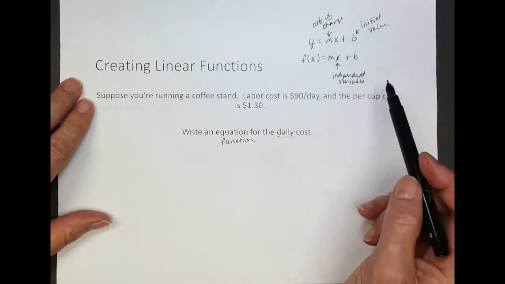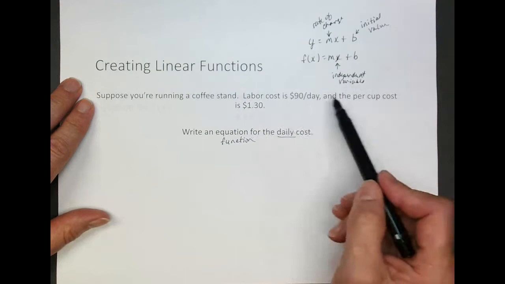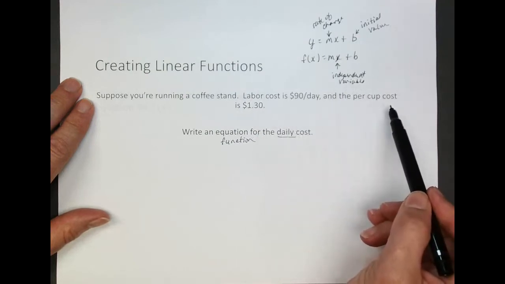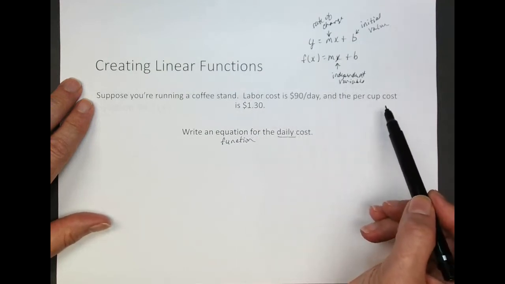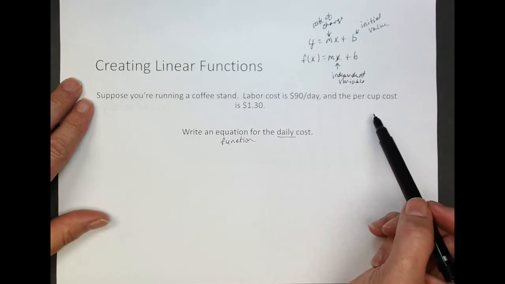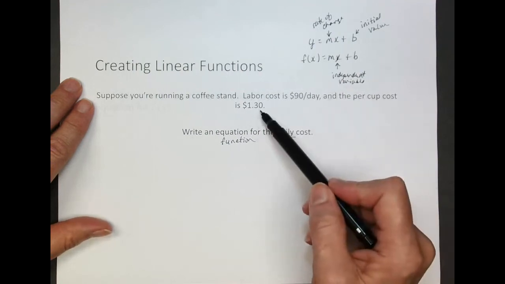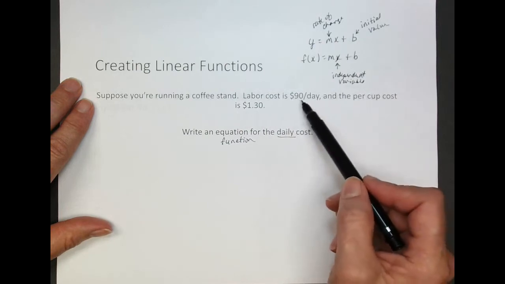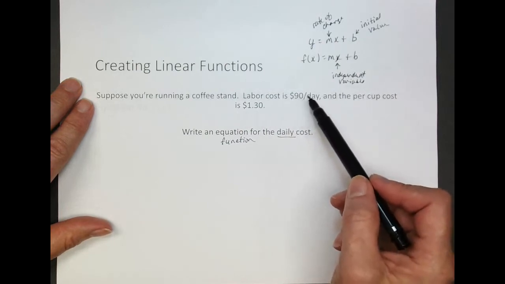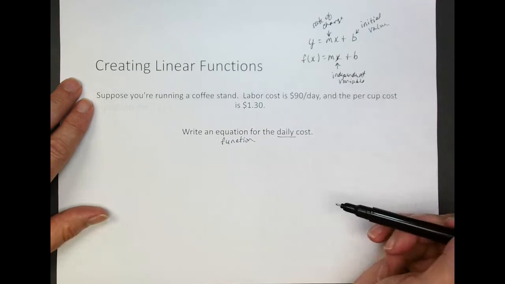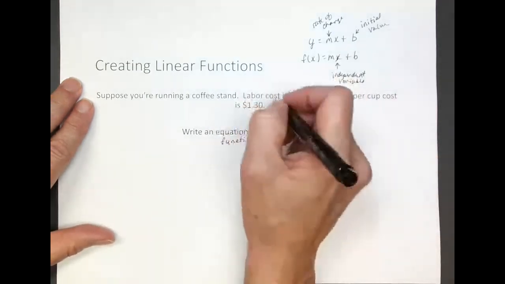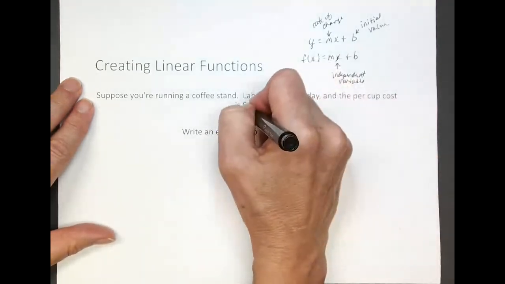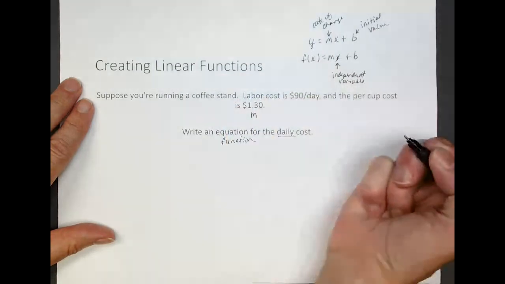All right, well, let's see, what would the rate of change be here? Well, every time I sell a cup of coffee, I will incur the cost of that coffee, right? That's $1.30. Every time I sell one cup of coffee, though, it doesn't change my labor cost. The labor cost is sort of all day. Okay, so it looks to me like this $1.30 is my rate of change, right, or my slope.